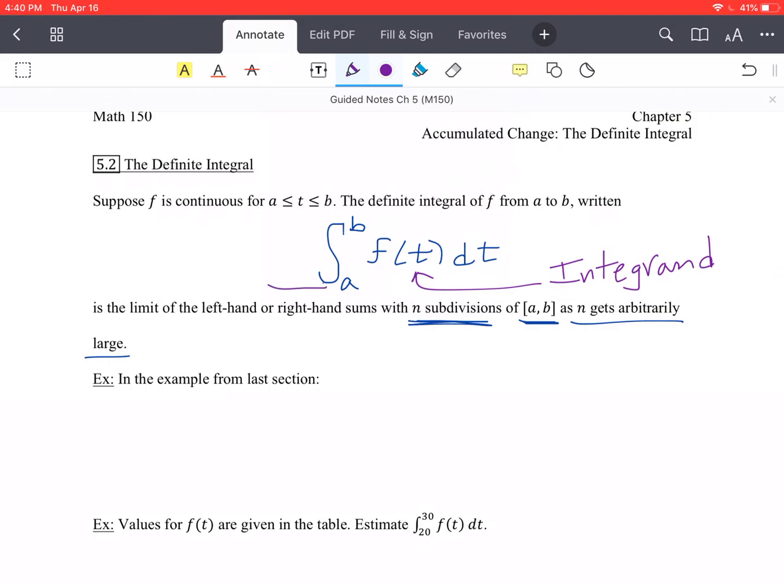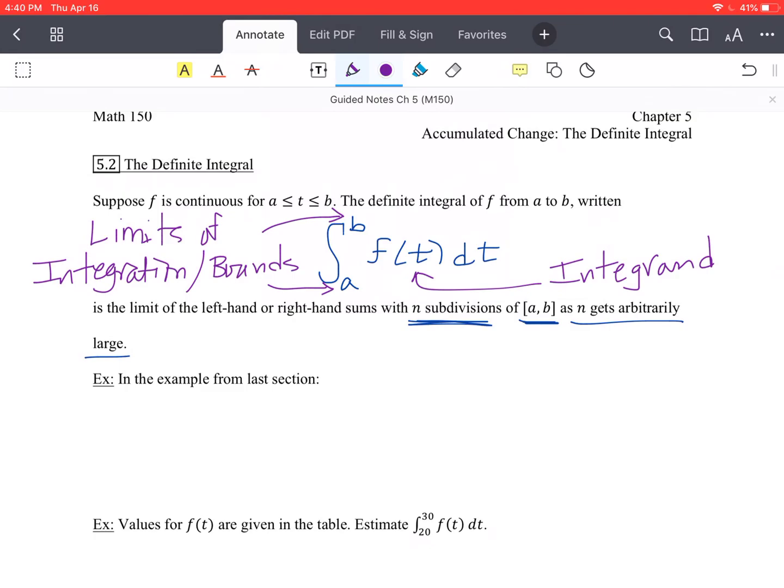And then these values here, the a and the b, are what we call the limits of integration, but more commonly we'll just call them bounds. So the bounds of the integral are a and b. That tells us how far we're going on this interval.